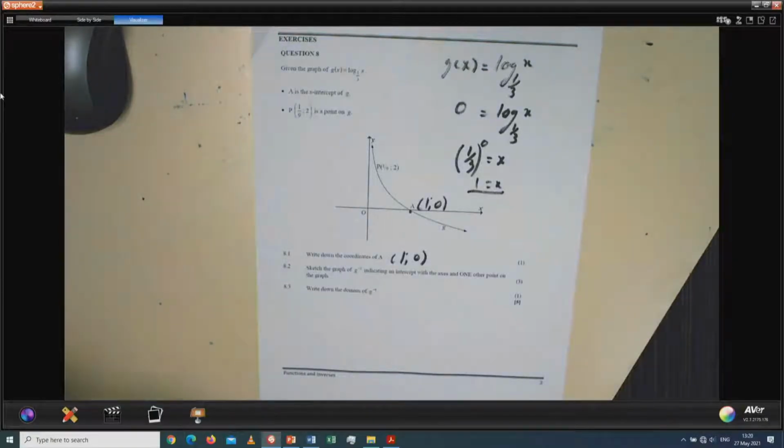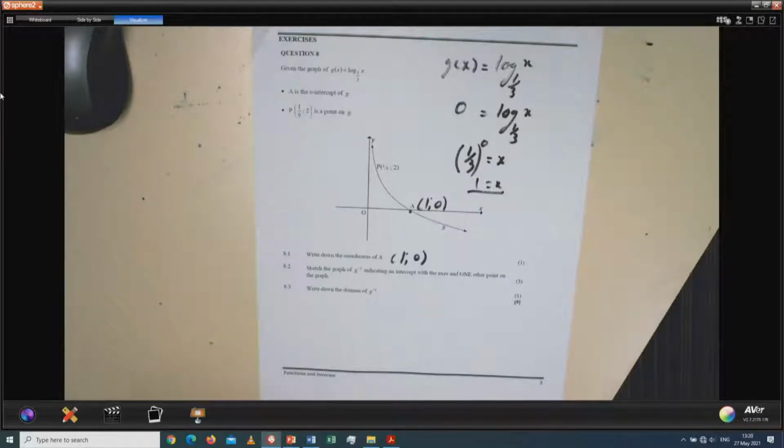The next question. Sketch the graph of the inverse, indicating intercept with the axis and 1 point on the graph. Here is the graph. Look at the graph. This is a decreasing function.